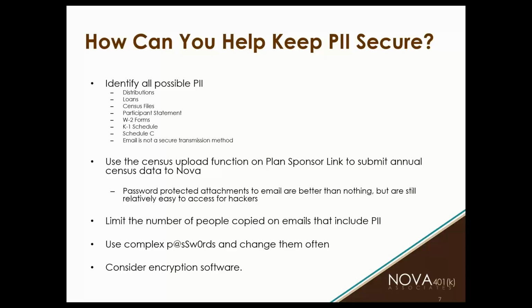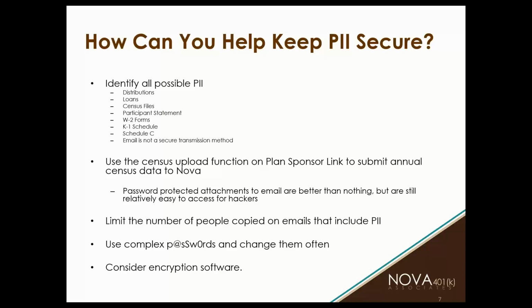It's worth mentioning that if you were to password protect your attachments in an email, like if you had a census file and for some reason you can't get it to upload on Plan Sponsor Link and you wanted to send it to Nova, you can password protect that file. However, there are very easily available pieces of software out on the internet that can break the encryption of a password protected file in less than 5 seconds, okay?